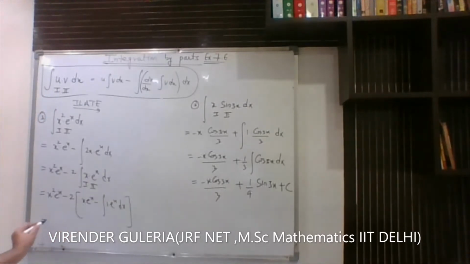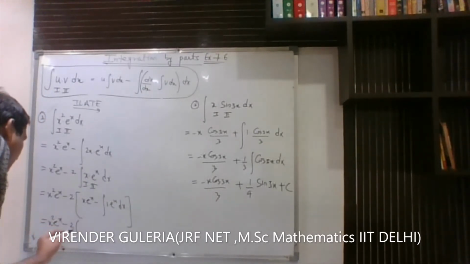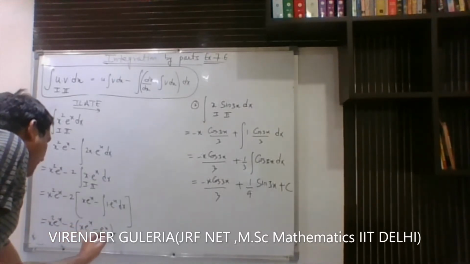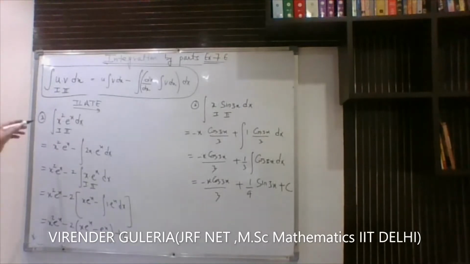So finally you can rewrite this as x square into e^x minus 2 times (x e^x minus e^x) plus c. This will give you the final answer. Now, the third example, you can write down this. Let me write down one more example.